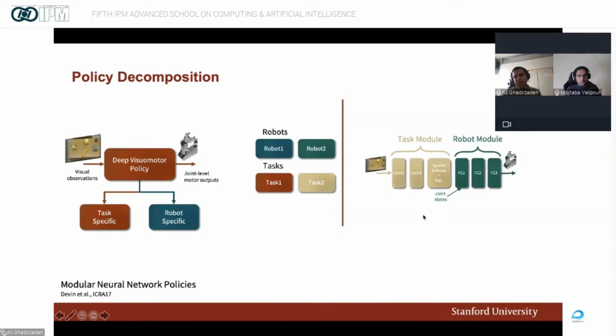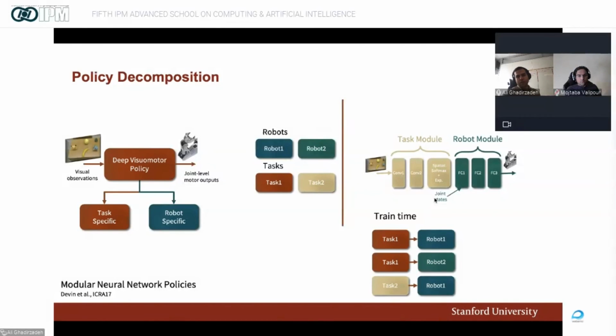Here's one example. The task-specific component can be the perception network that looks into the scene and finds a good representation of the objects in the scene. And then the robot module can be our generative models and some fully connected layers that output the motor outputs.